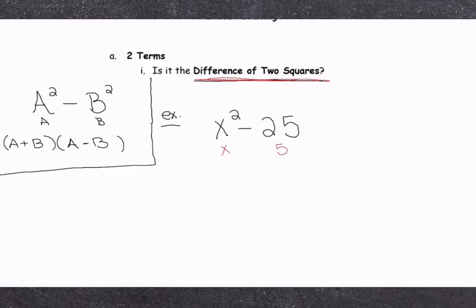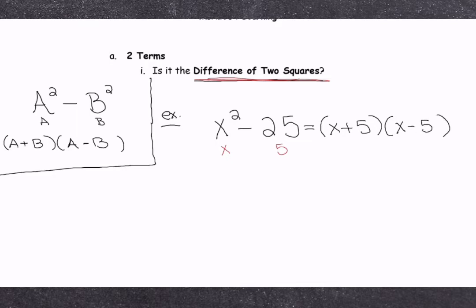So I took the square root of each term, and then I wrote one binomial. And what I mean by binomial is just two terms. I write one binomial with both of those square roots, and then I wrote it once with a plus sign, and I wrote it once with a minus sign. So if I go back to my example over here, I took the square root of each term. The first one was x, the second one was 5. Now I'm going to write a binomial, one with a plus sign, and then one with the minus sign.